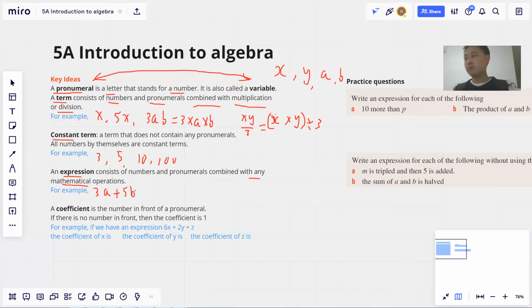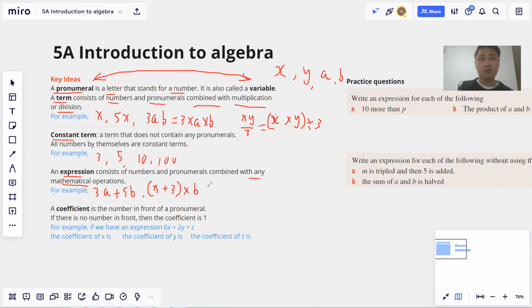We can also say an expression is x plus 3 times by b, for example. That's also another expression.